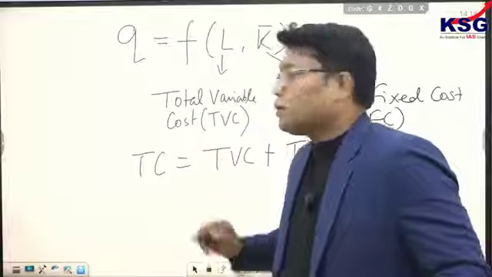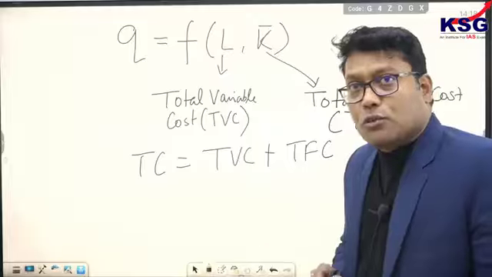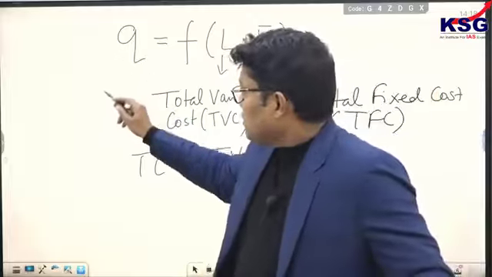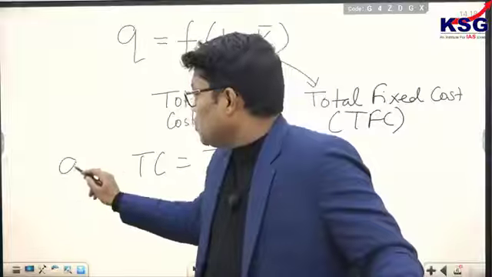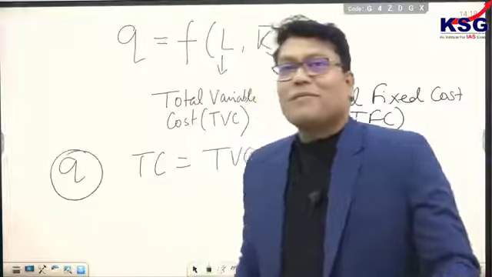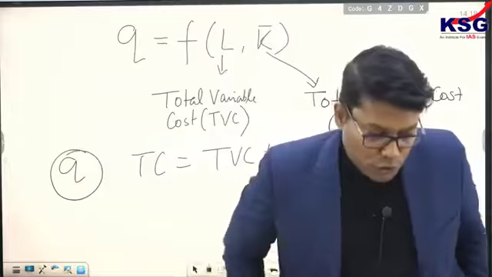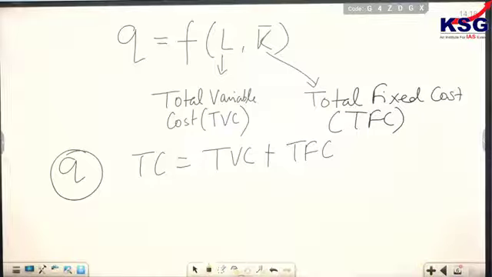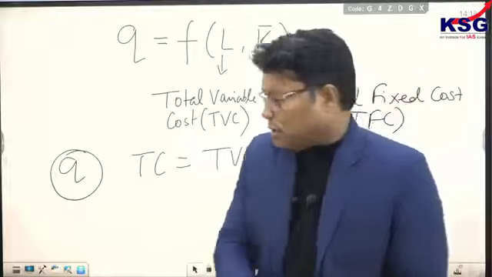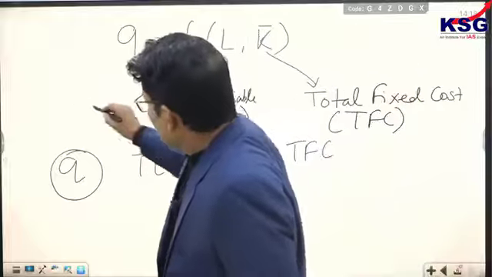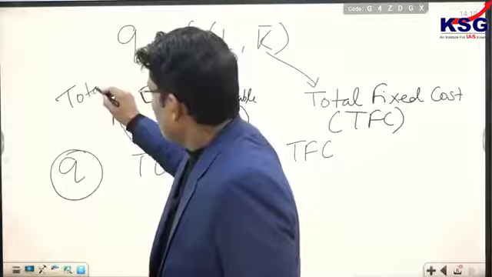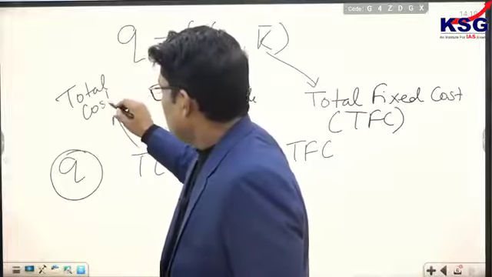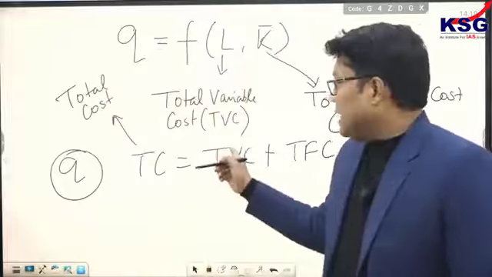The total cost to produce Q amount of output is TC. TC is known as total cost. Clear?